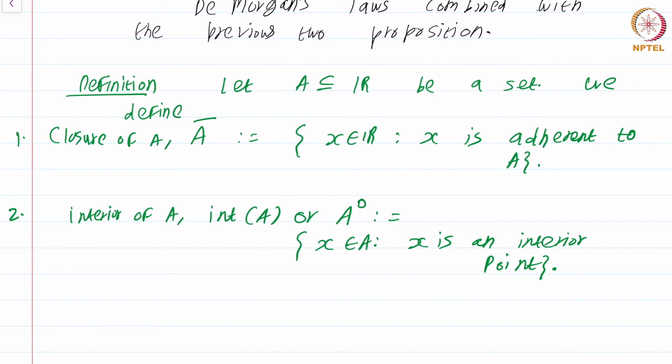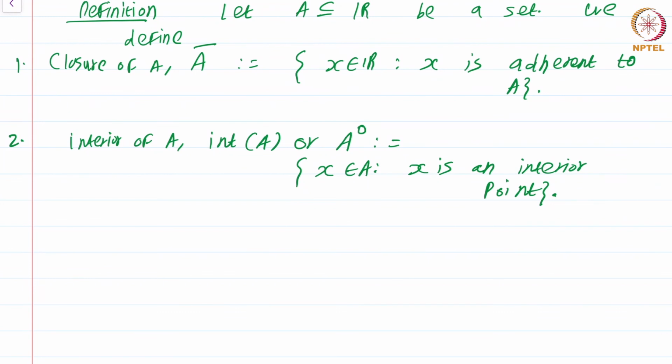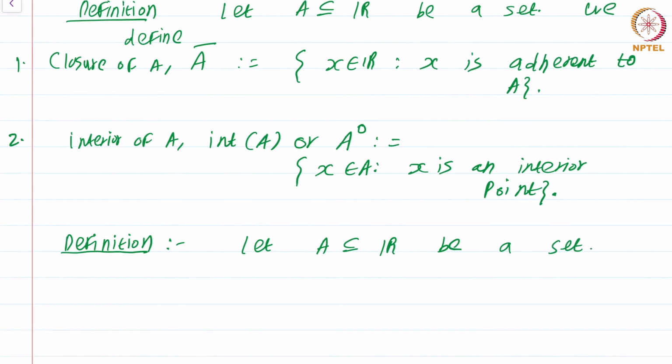Okay, so these are two things. I want to define one more thing. I want to give it as a separate definition. Let A subset of R be a set. We define boundary of A. This is called boundary of A. So we want to say that something is a boundary point.